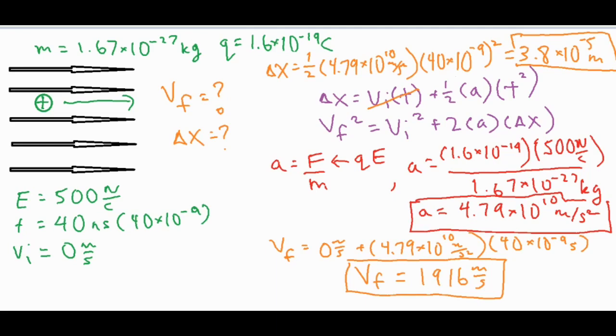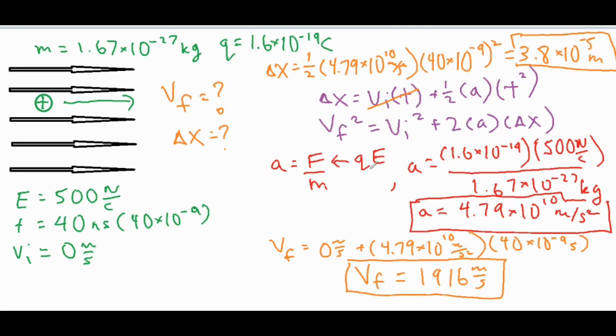So to sum things up, when you're taking a look at a charged particle in an electric field and you're solving for values such as the final velocity, the time, the delta x, you're going to use some kinematic formulas. Oftentimes, you're going to find the acceleration first by using this formula right over here, which is basically a variation of Newton's second law, by taking A equals force over mass, but then substituting out the F for the Q times E. Now, if you have an electron or a proton, you definitely have the Q value because those are known values.